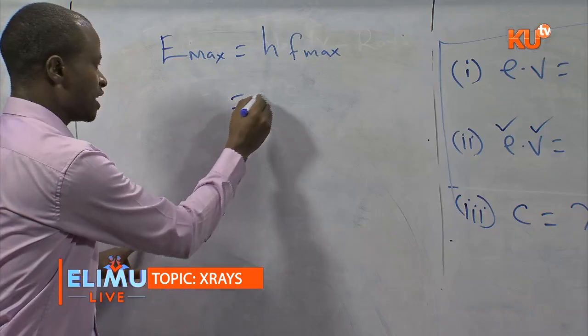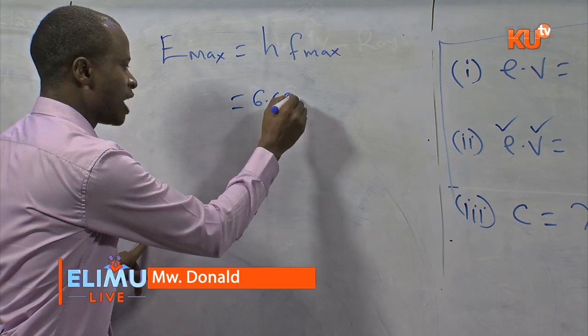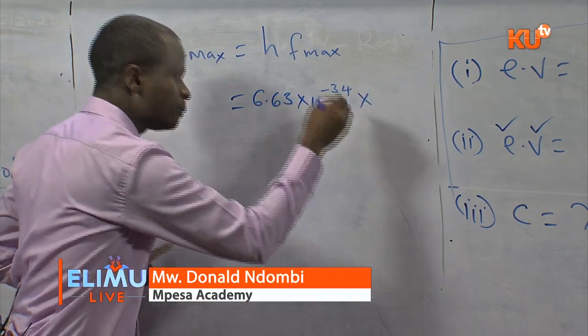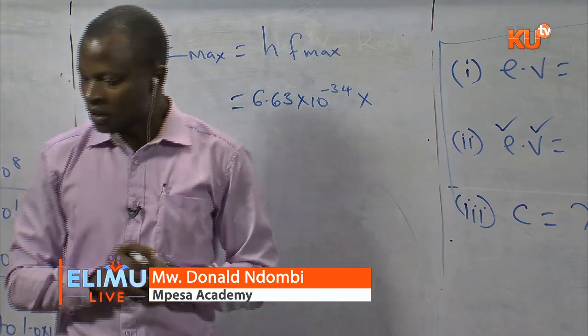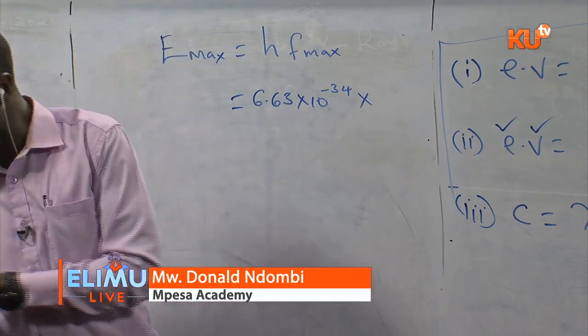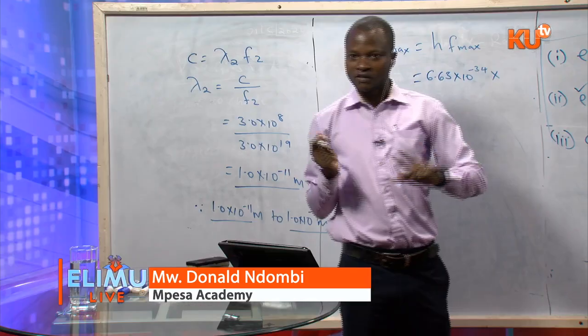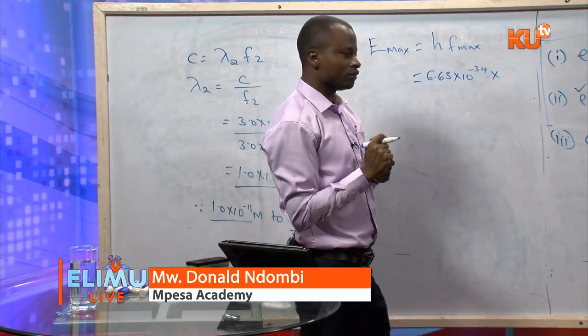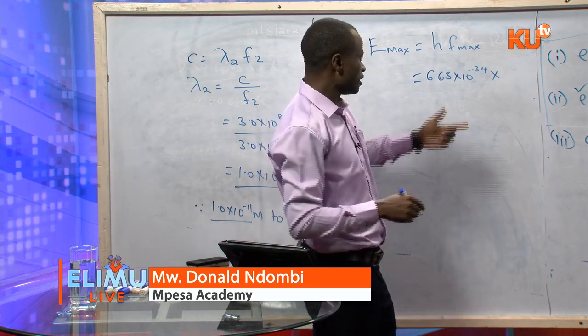So this will give us H, which is Planck's constant, 6.63 times 10 power negative 34, multiplied by F maximum. So F, we had the ones for 10 power 3 times 10 power 17 and 3 times 10 power 19. If the power is positive, the bigger the number, the higher the result.